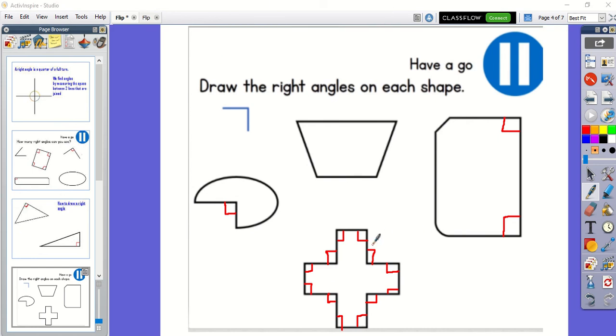Sorry about that. So yeah, we've got 8 on the inside and 4 on the outside, which means this shape here has 12 right angles in total.